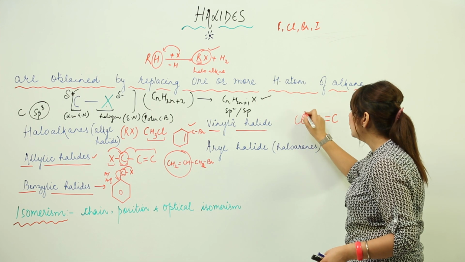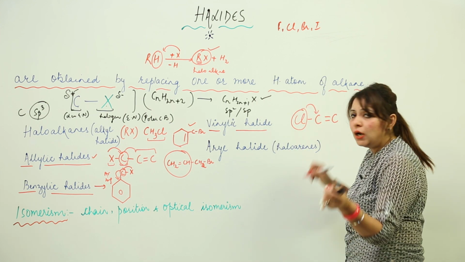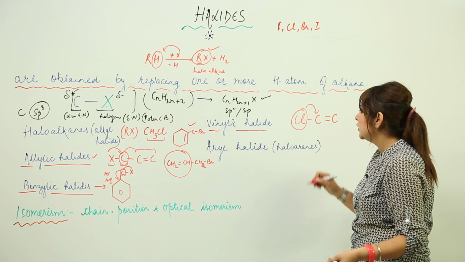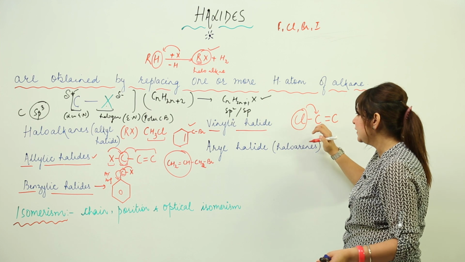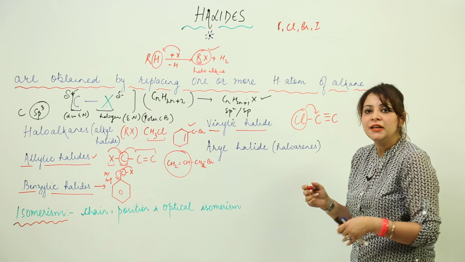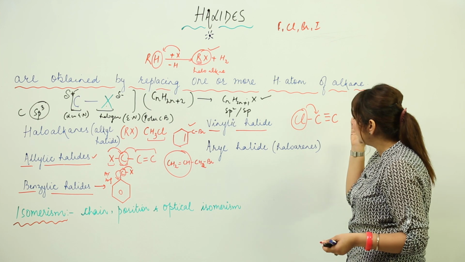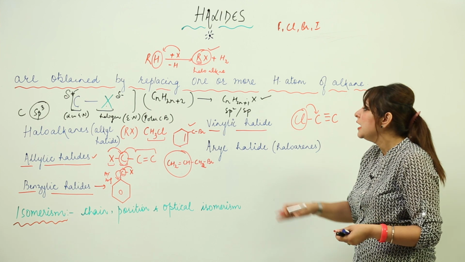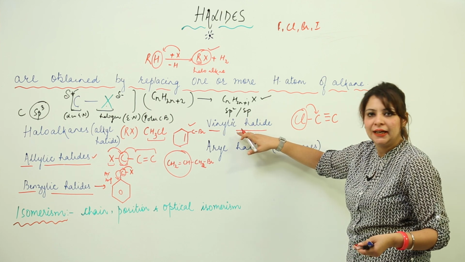But here the halogen is attached to a carbon which is involved in the double or triple bond. That means it is involved in the unsaturated system. So this is sp2 hybridized here. It can be sp also, because when it is a triple bond, it will be sp hybridized. Whether it is a double bond or triple bond, if the carbon is involved in an unsaturated system, then it is called a vinylic halide.